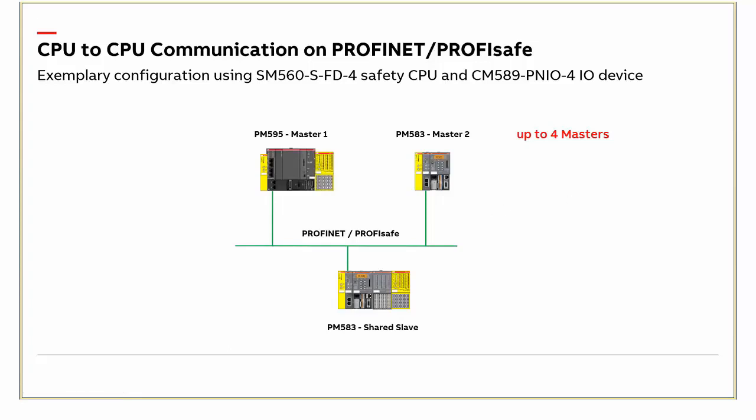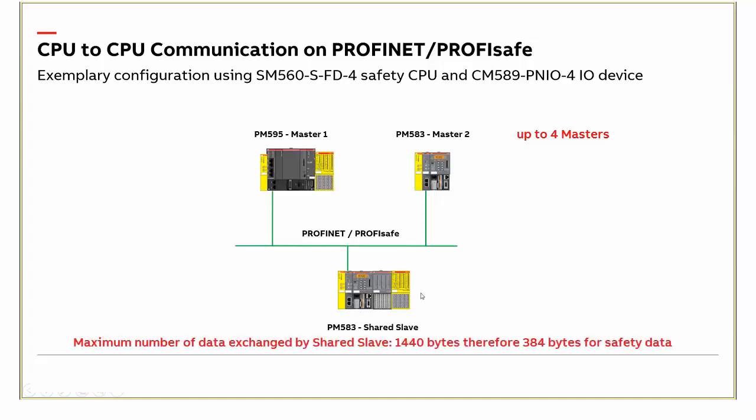The maximum number of bytes which can be exchanged by the shared slave is 1440 bytes, and out of this 1440 bytes, 384 bytes can be allocated for safety data. And these bytes can be split between 4 master systems.